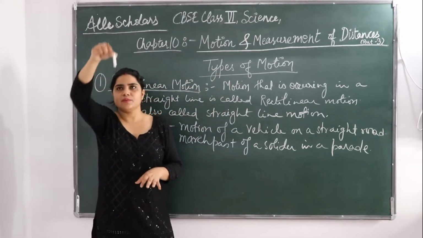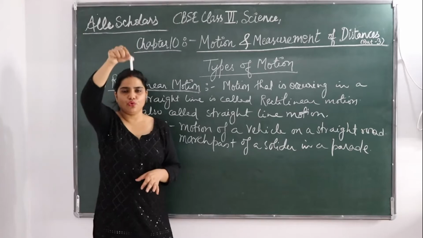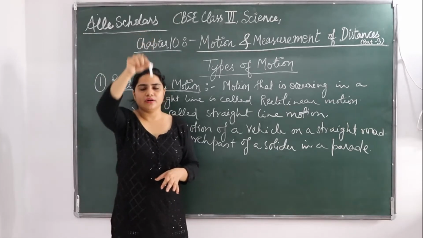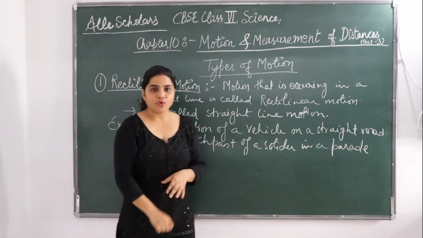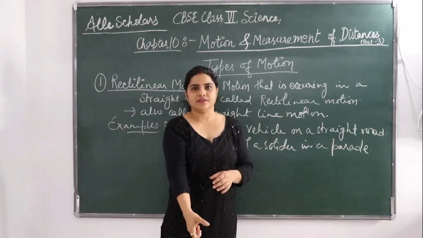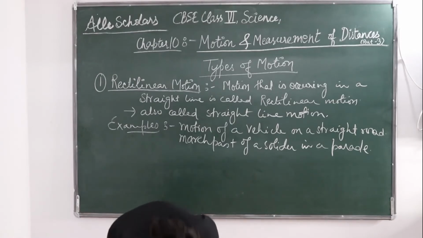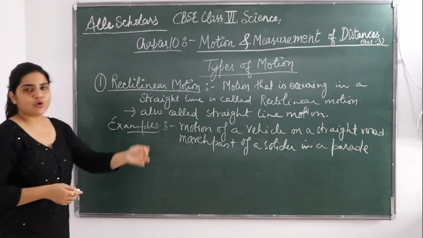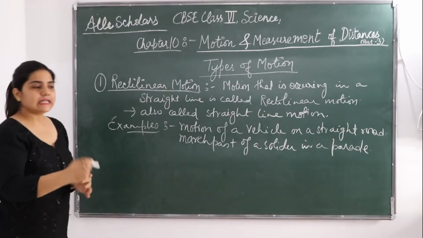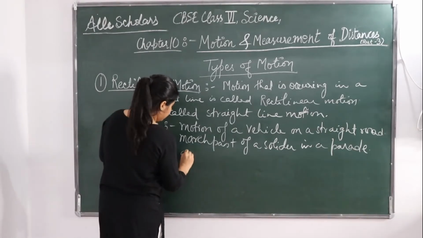Now if you throw something, suppose you throw a coin, you throw a stone, you throw this chalk. How has it been thrown? It is thrown straight. It has gone straight. So this throwing of a chalk, throwing of a coin from a building is a straight line motion.